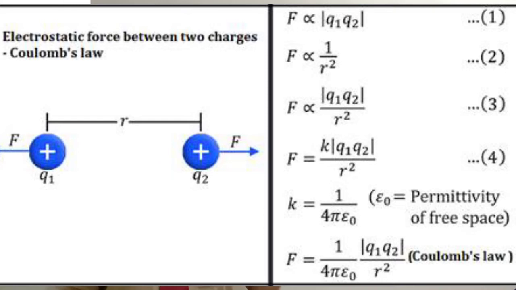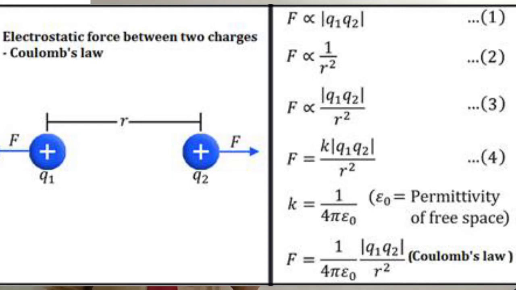That is, F is proportional to Q1 Q2. Here Q1 and Q2 are the magnitudes of the two charges, and this force is inversely proportional to the square of the distance between the two charges. That means if the charges are separated by a distance r, then the force is inversely proportional to the square of the distance.